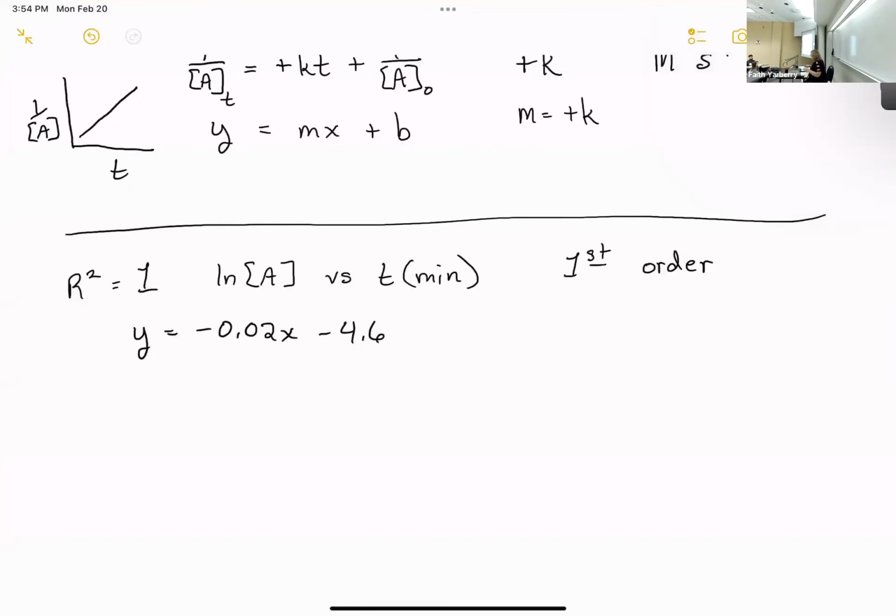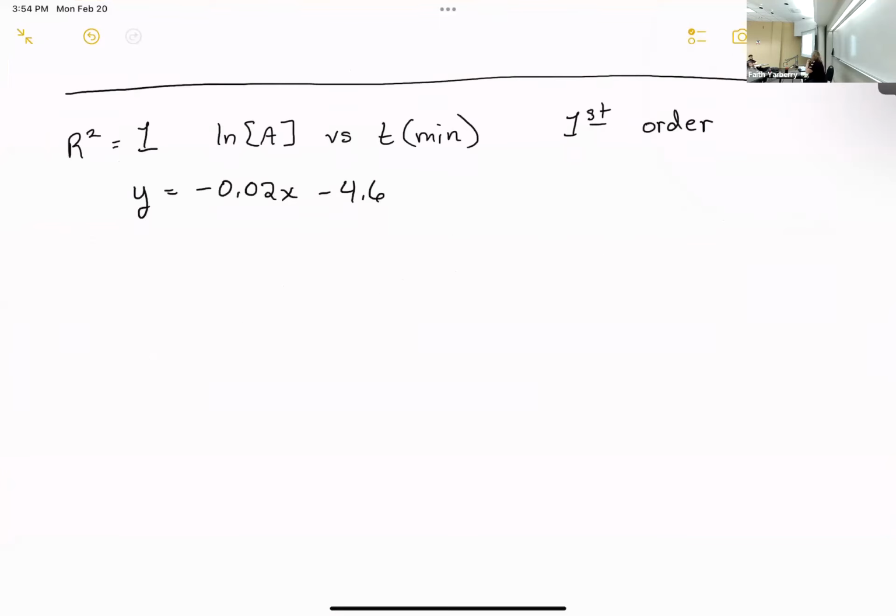Because now we're going to use this information. So I basically, on the screen, all I really did was show you which graph. And these are the pieces of information that I pulled from that graph. My best R squared came when I did natural log of concentration versus time in minutes. So that told me it is first order.